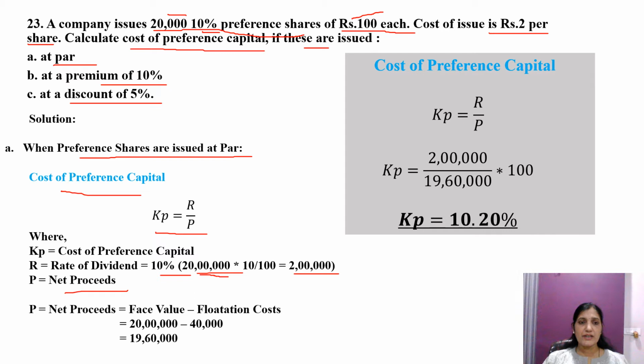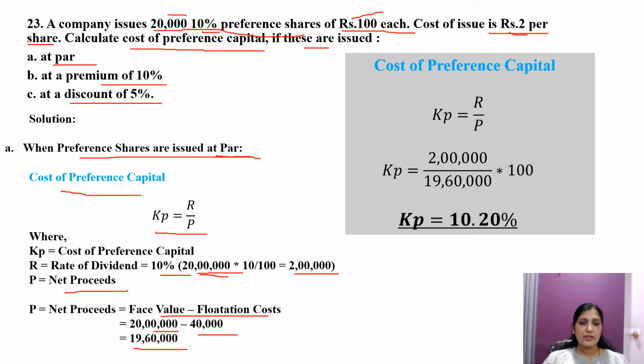What are net proceeds? First we are doing it at par, so this is face value minus flotation cost. What is face value? 20 lakhs. Flotation cost is 40,000. How did you get this? 2% of 20 lakhs is 40,000. So P is 19 lakhs 60,000. Clear about this?